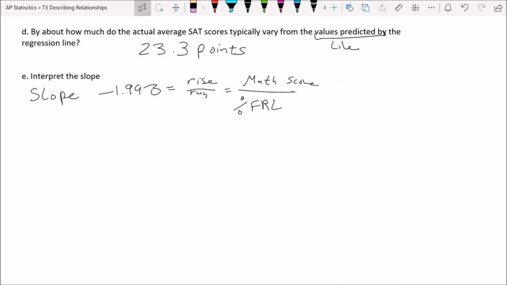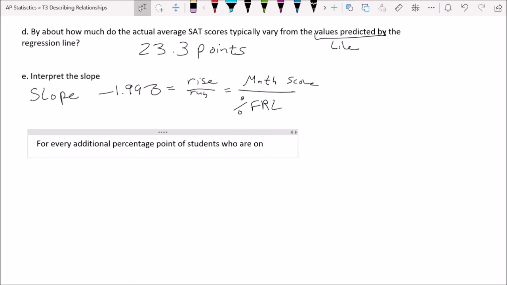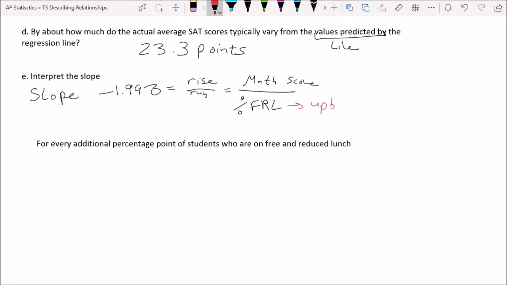So what we want to say for our interpretation of the slope, we want to say for every additional percentage point of students who are on free and reduced lunch, and I'm going to color code that and write what I'm saying. It's saying that if this goes up by 1%, then this has to go down by the slope amount.